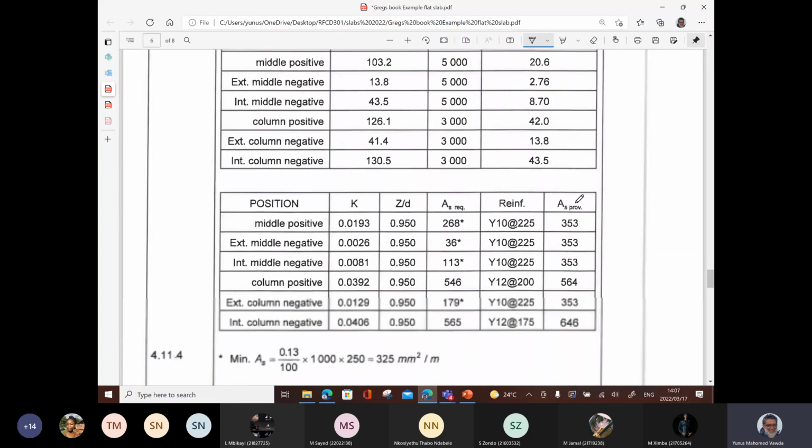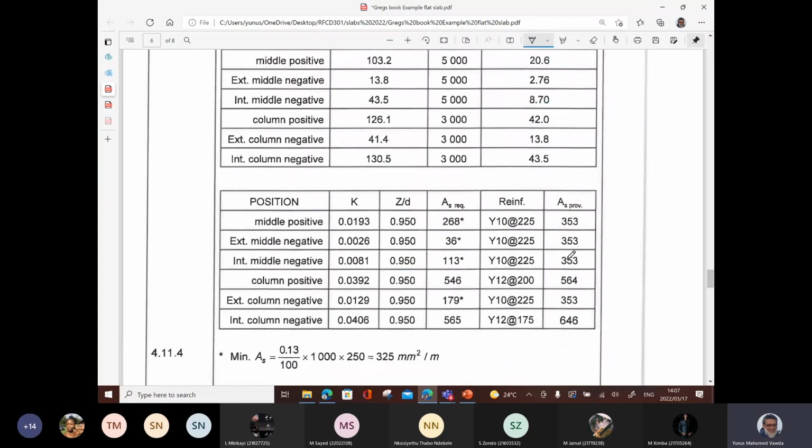Right, so we come to this one here and we've got all the reinforcement and you've got the minimums. You can see 3 of them, 4 of them fall below the minimum. So all of these will get the minimum. Although you've calculated the area of steel, all of it falls below the minimum, so for all of them you're going to change it to 325.